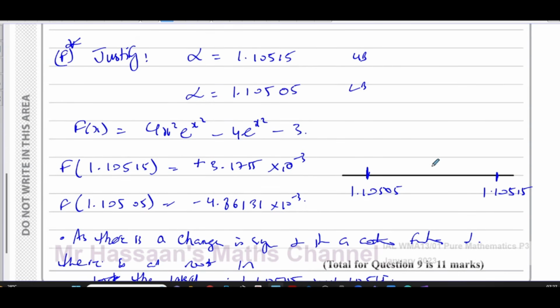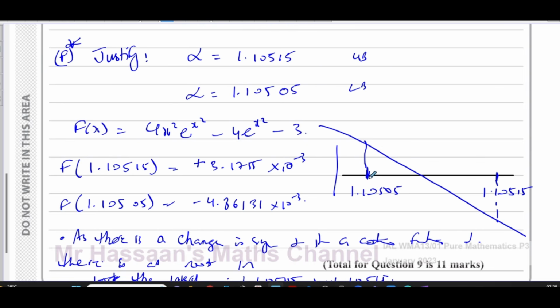At this point, it was positive. By this point, it was negative. So somewhere between them, it's crossed over. The curve has crossed over the x-axis somewhere between these two values. Because if this is the x-axis, this is the y-axis, at this point, it had a positive value. At this point, it has a negative value. So somewhere between them, there must be a root that lies.